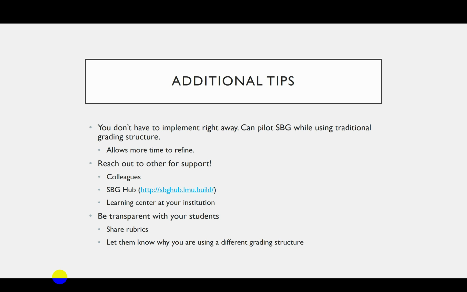You can continue on with your traditional grading, but have those rubrics for standards-based grading and use them simultaneously with the traditional grading and see how they're going and make revisions and identify those limitations. So this allows a little bit more time to refine that grading process, and you could even identify a subset of students to share that feedback with in the standards-based grading format and get their input so that you can make revisions based on what the students are telling you.